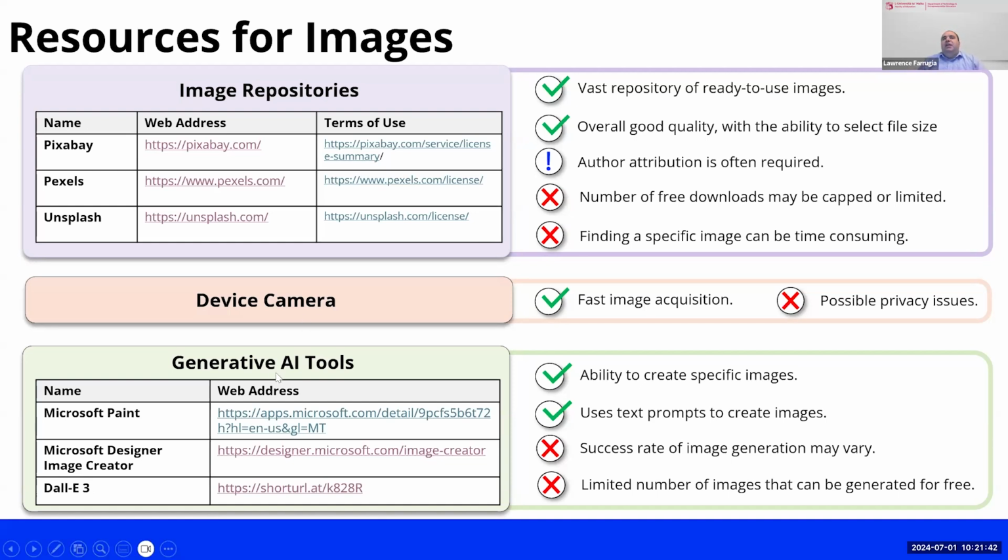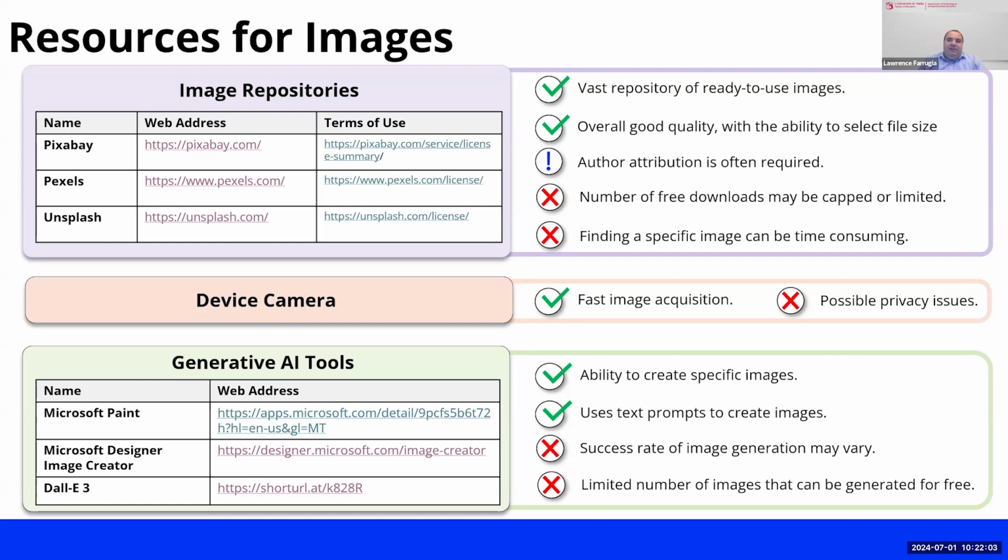Generative AI tools allow you to do that. Another benefit of using generative AI tools is that all you're doing is using text prompts. So you're not using any photo editing software. You don't need to have any particular set of technical skills. You need to have a good text prompt.